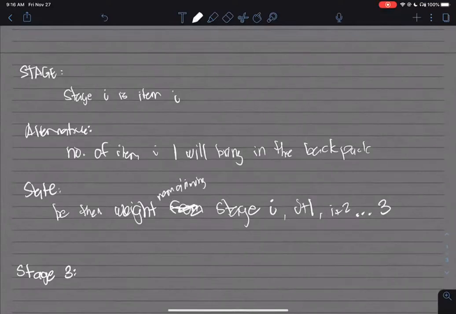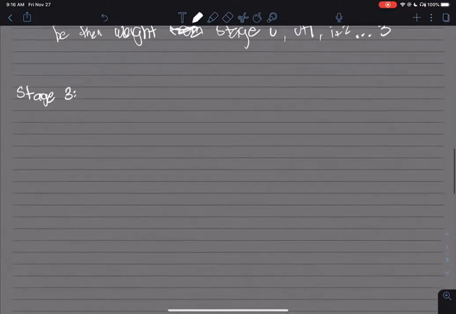Okay, it's the weight remaining. For stage 3, the different states are the weight available for item 3. So if you have already put a lot in your bag, how much weight is left for item 3.